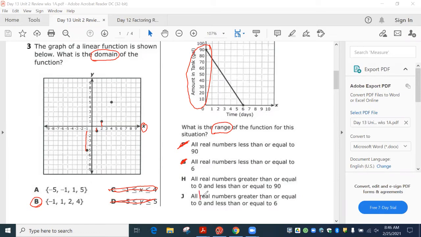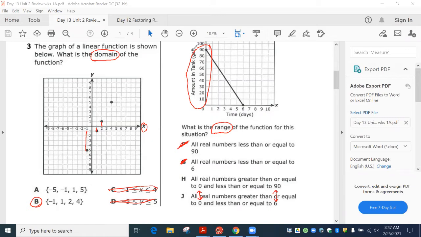Look, it's telling you that one of your numbers has to be 0. They both have 0. So the only other thing we need to know here is the second number, 90 or 6? Well, we said the answer had to come from the y-axis, right? So do you see 90 or do you see 6 on the y-axis? I see 90 right here at the very top.